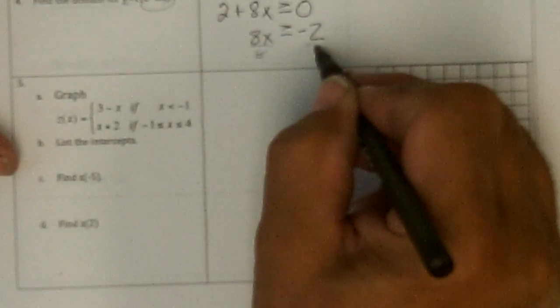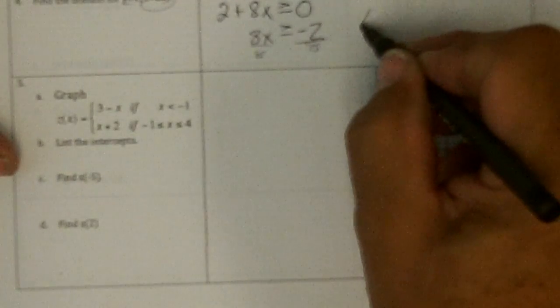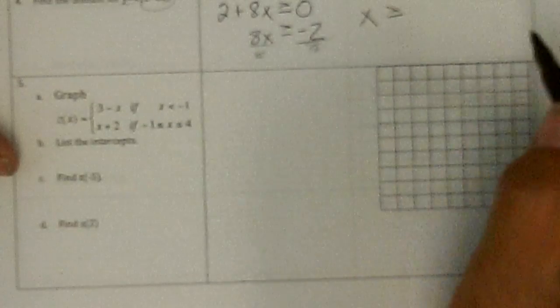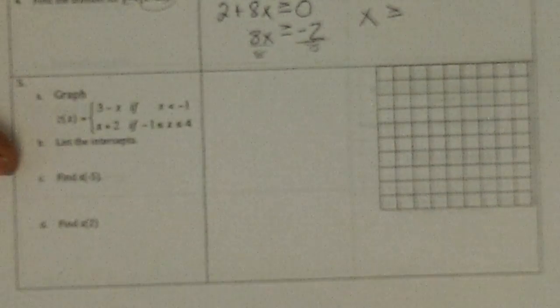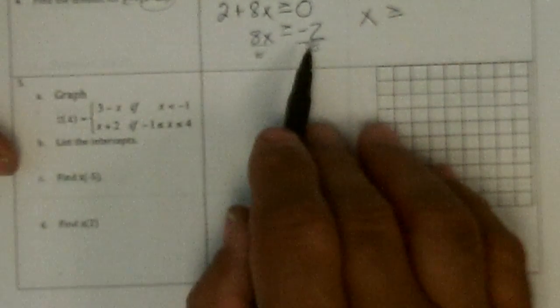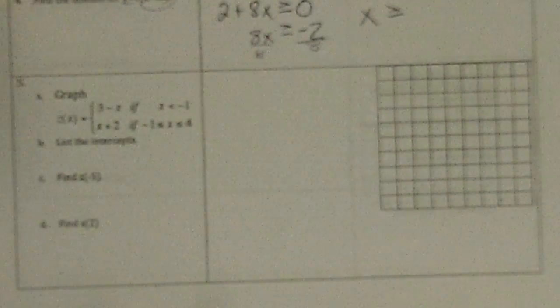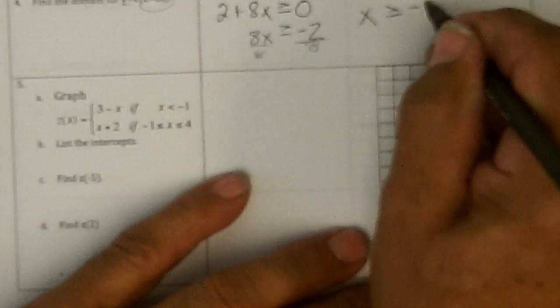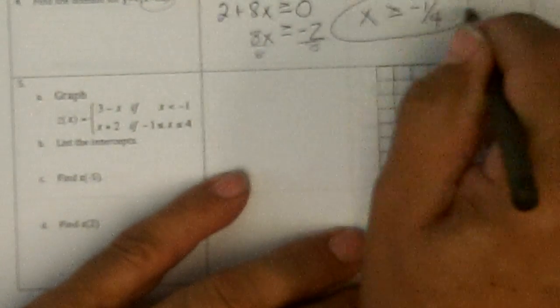Divide by 8, and x has to be greater than or equal, because I'm dividing by a positive, so I don't have to flip the sign. Remember, it's when I divide or multiply by a negative that I would have to flip the sign. So this is negative 1/4.